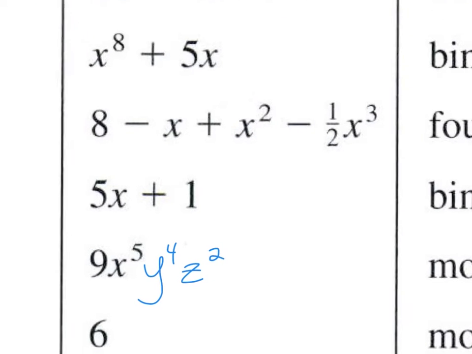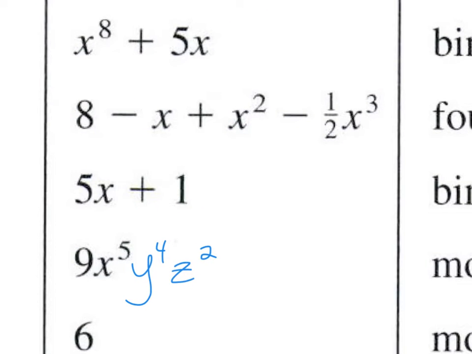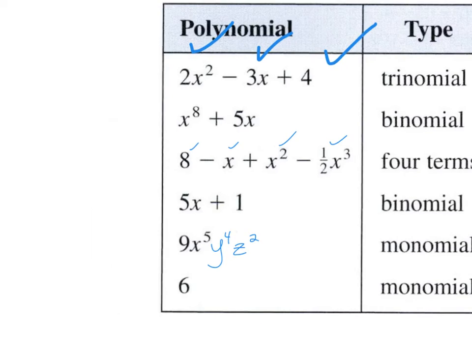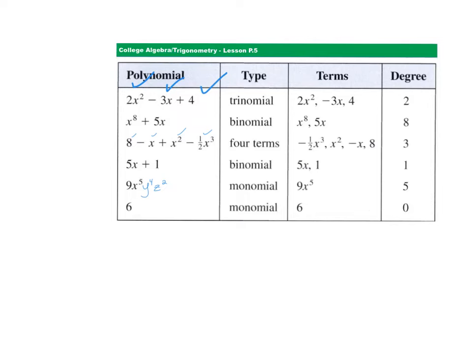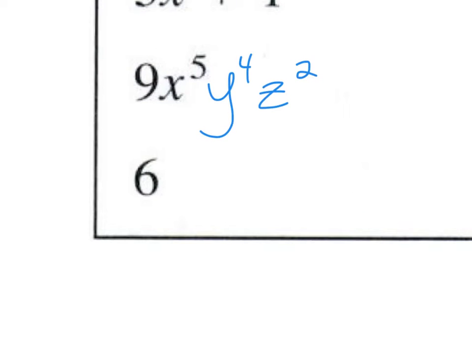So like in this example, if I asked you how many terms, there'd be 4: 8, negative x, x squared, and negative x cubed. What's the degree of this polynomial? 3, because it's the highest or biggest exponent. So you need to be familiar with those vocabulary words, okay? The degree of a constant means you're always looking at the highest exponent.